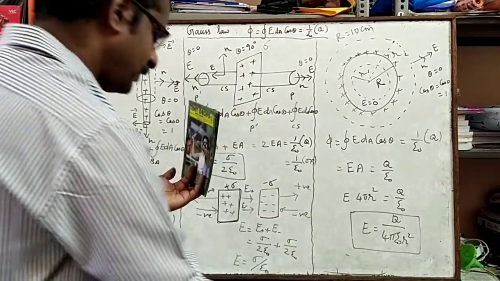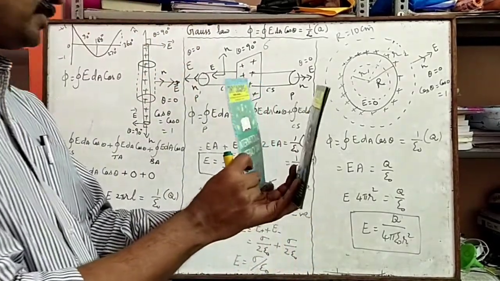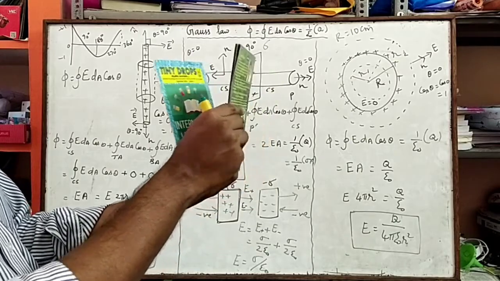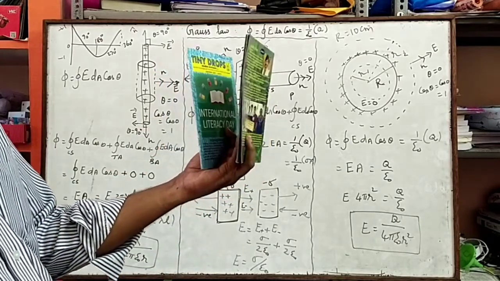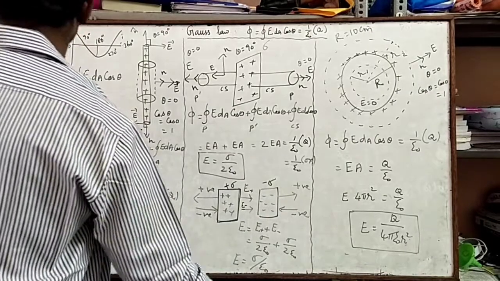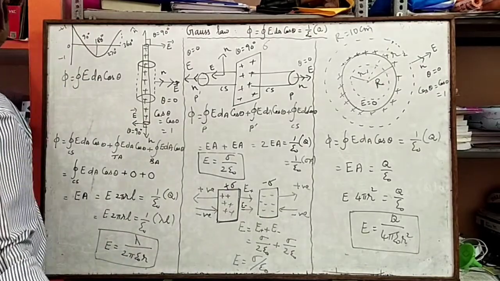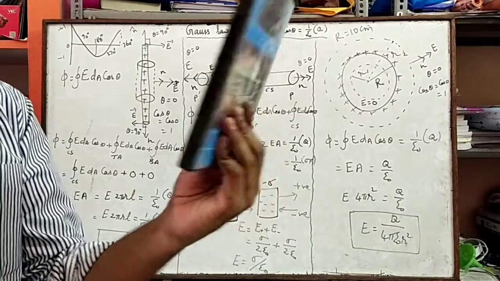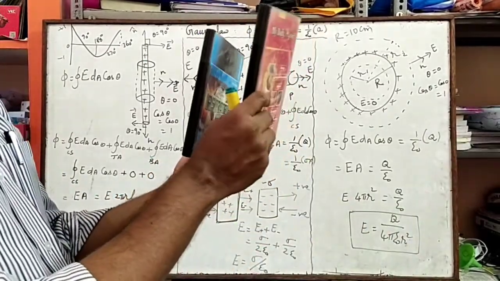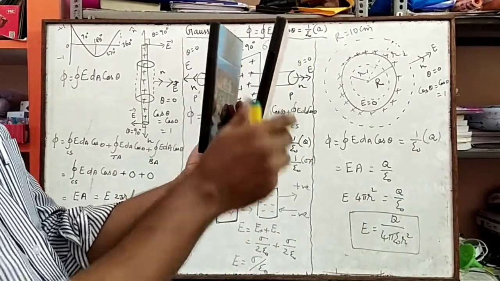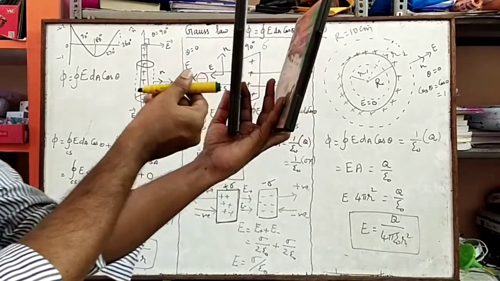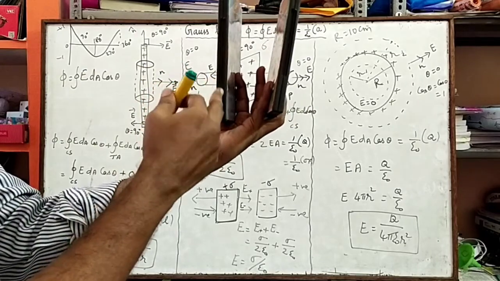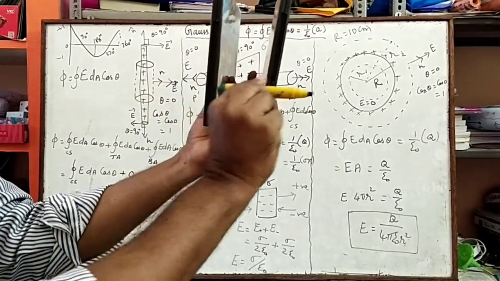If you have a positively charged plate and a negatively charged plate parallel to each other, facing each other, imagine this plate is positively charged and this plate is negatively charged. Due to the positively charged plate, the force line will be along this direction.